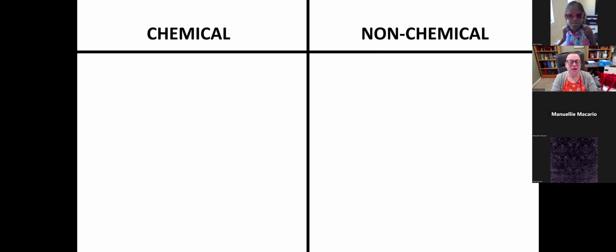Yeah. So what this is hopefully pointing out to you is that we have some baggage when it comes to these words chemical and non-chemical. Our first instinct is, oh, if it's natural, it must be non-chemical, and that's not quite true, right?